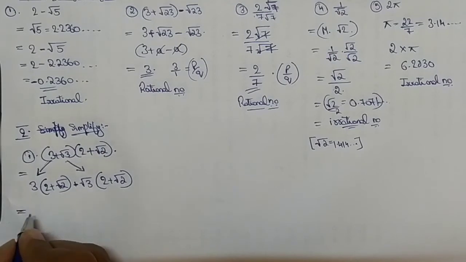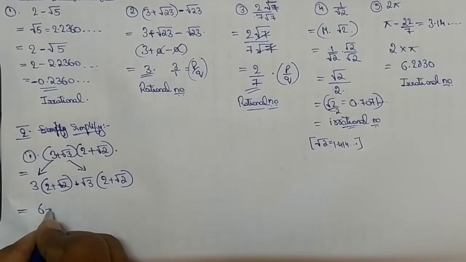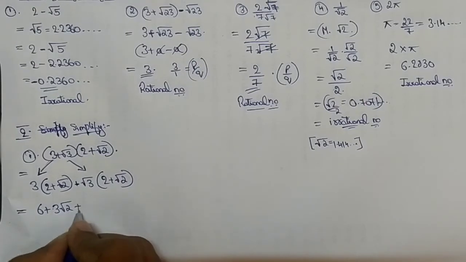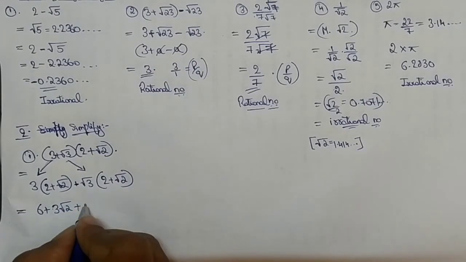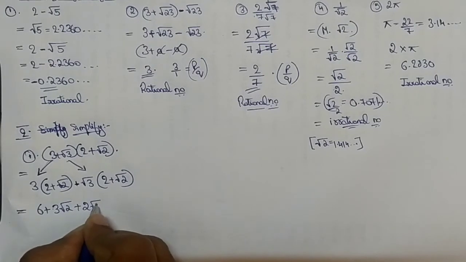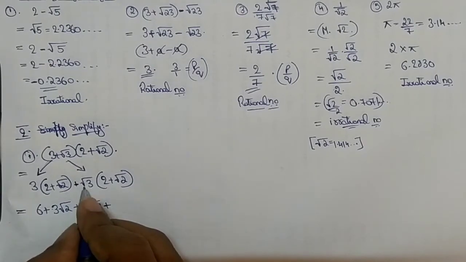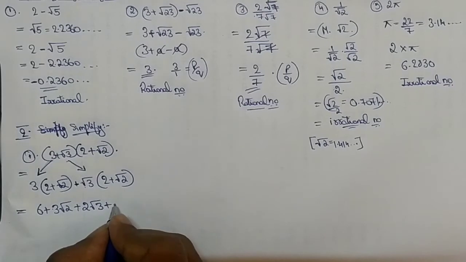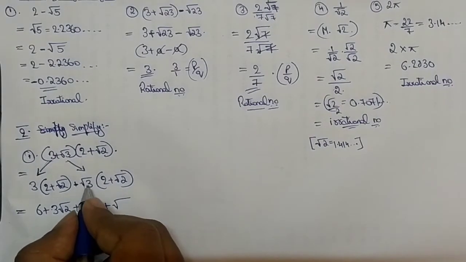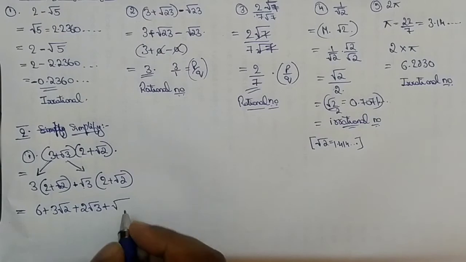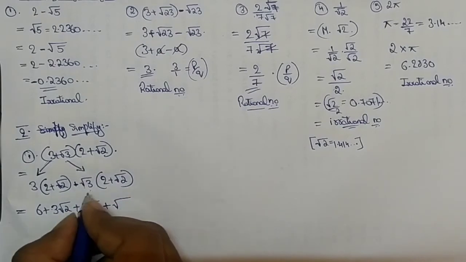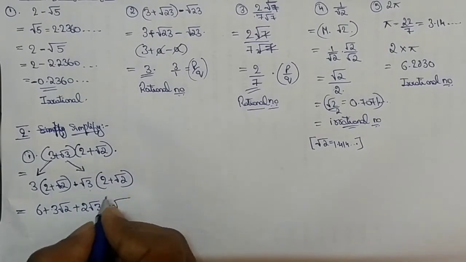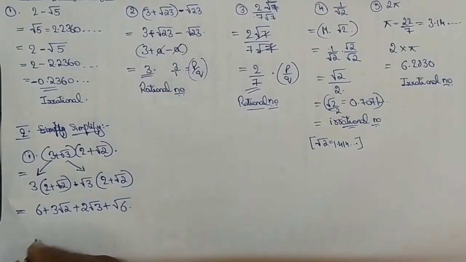This is going to be like 3 times 2 is 6, plus 3 into root 2, that is 3 times root 2, plus root 3 into 2, that is 2 times root 3, plus root 3 into root 2, that's not going to cancel. If there was a root 2 into root 2, then it's going to cancel, because here there are two different numbers. We are going to multiply them with a single square root. Root 6, and this is going to be your answer.